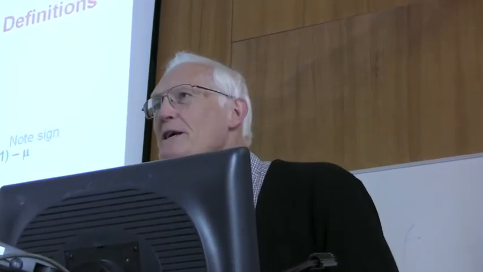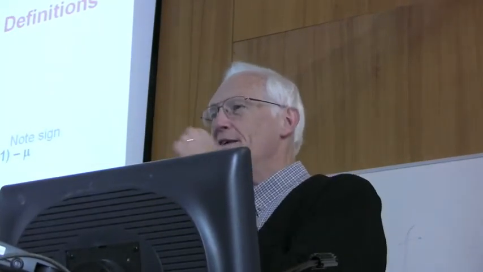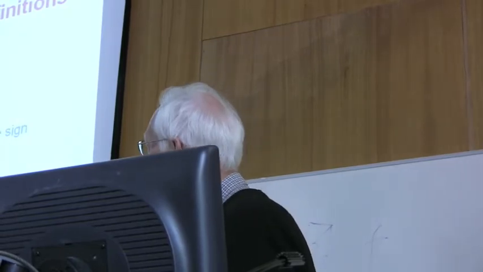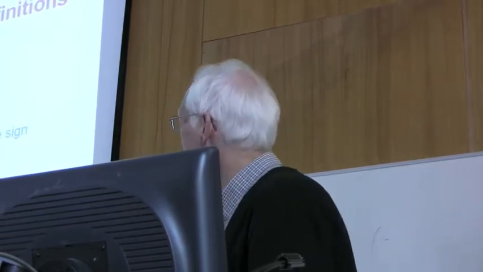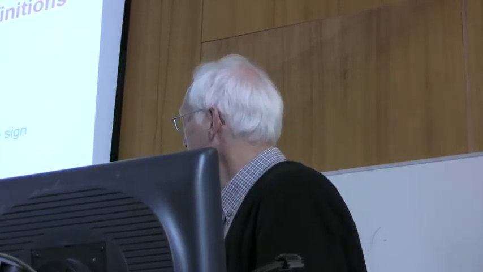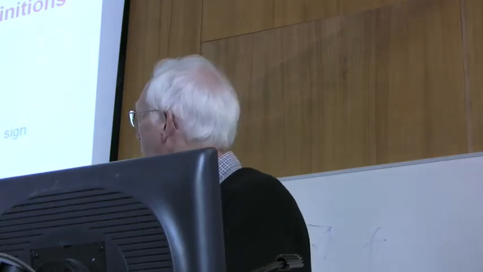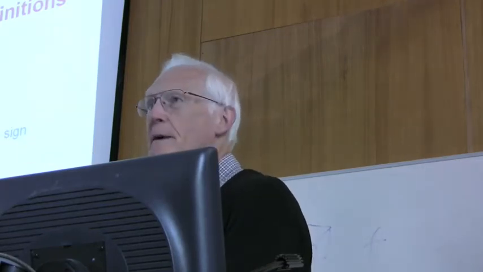So let's be sure we know what we've got. This is rigorous stuff. Definition: add an electron or remove an electron, and the difference is the gap. You always add relative to something, like a Fermi energy.